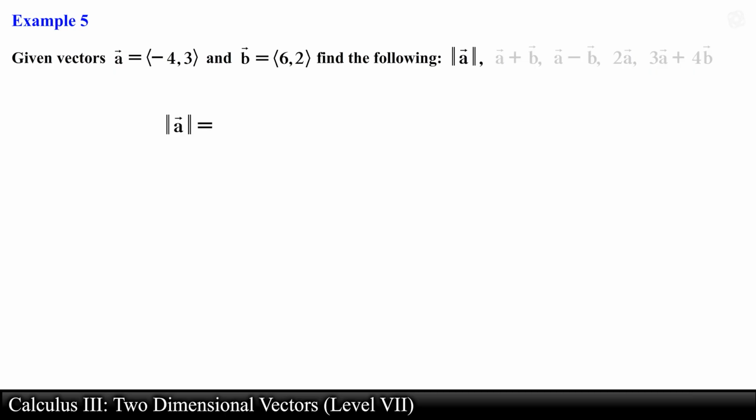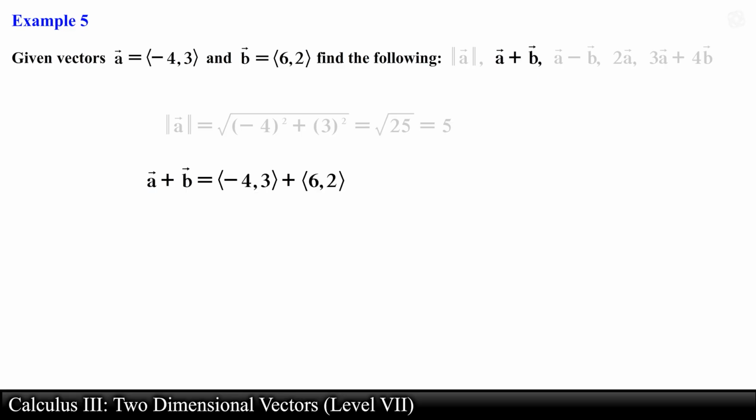To find the magnitude of a vector in component form, we simply take the square of each of the components, add them together, and then take the square root of the result. Carrying out these operations, we obtain 5 as the magnitude of vector A. Now let's find the sum of vector A and vector B. To find the sum, we simply add them component-wise.